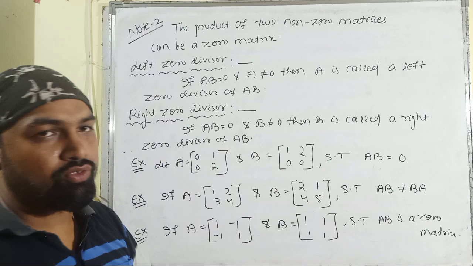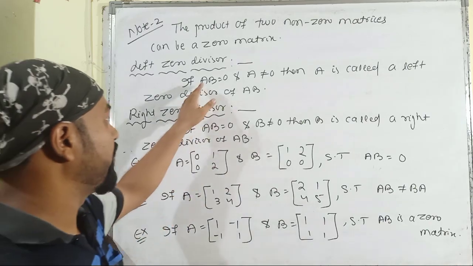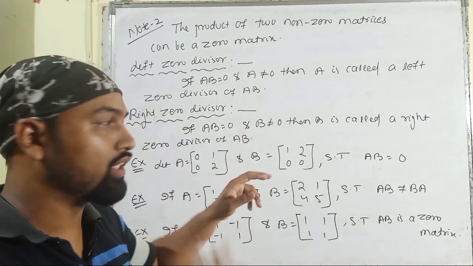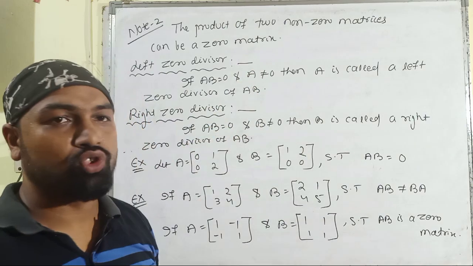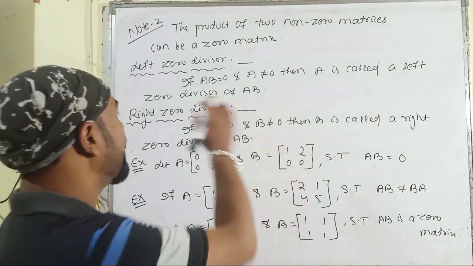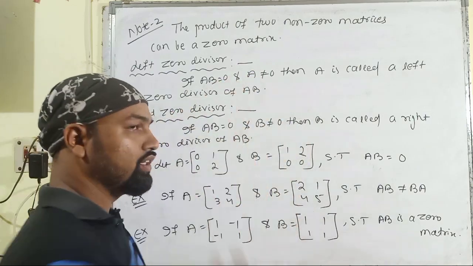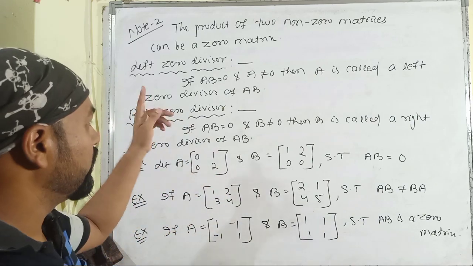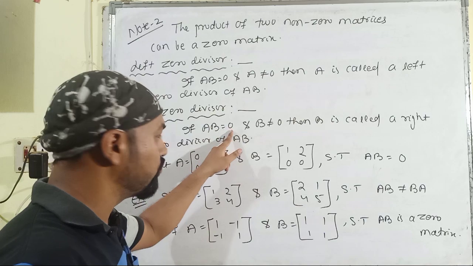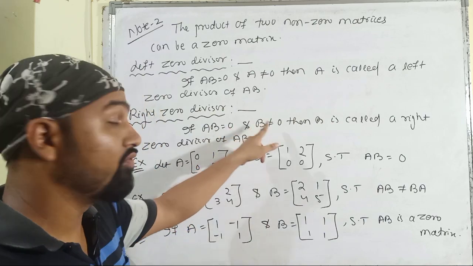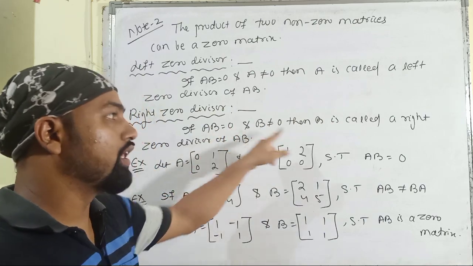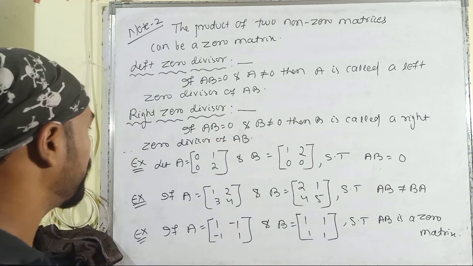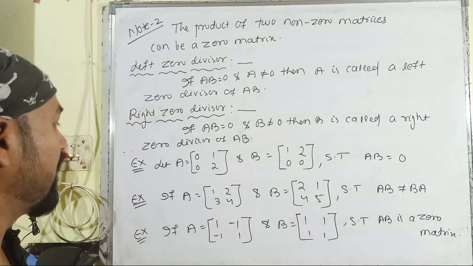If AB gives you the zero matrix and A is not equal to 0, then A is called a left zero divisor of AB. Similarly, in the case of right zero divisor, if the multiplication of A and B gives you the zero matrix and B is not equal to 0, then B is called the right zero divisor of the multiplication AB.